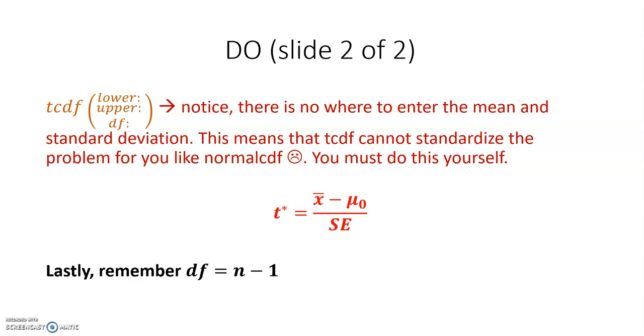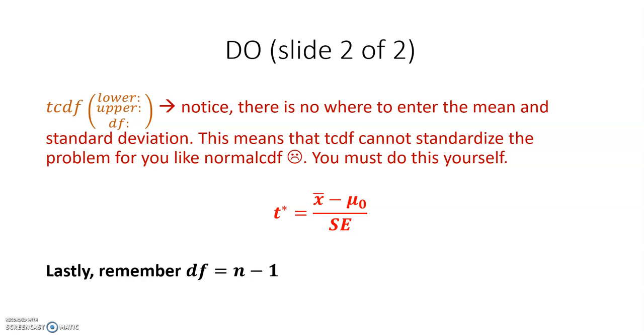So I showed you a Khan Academy video where we found the z-score, they called it the test statistic, it was really just a z-score, and then you could use that z-score in normal CDF if you wanted, but we all know normal CDF better than that, and we know we can just punch in the mean and the standard deviation and it does all of that math for us. t-CDF does not do that for you. You must standardize it yourself.